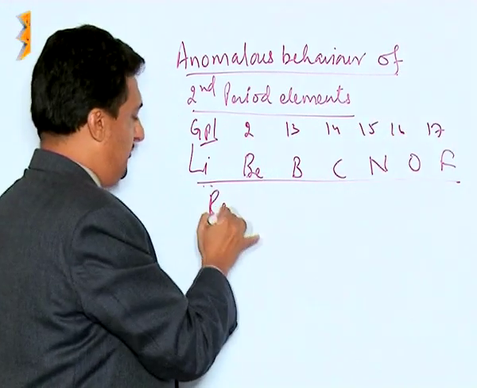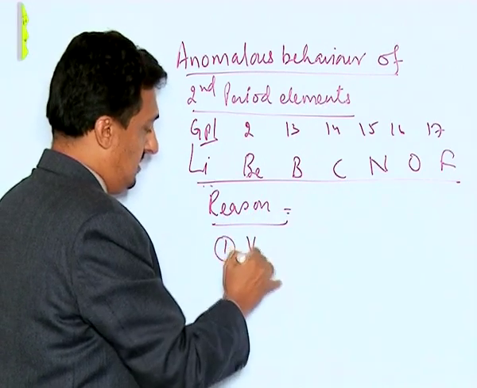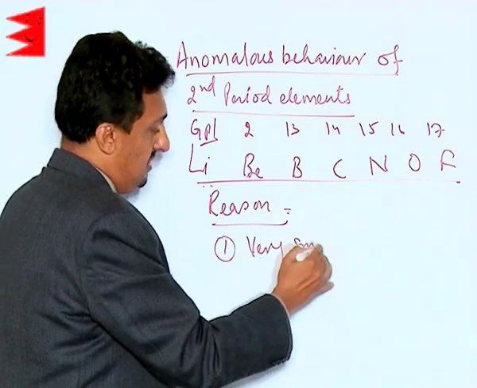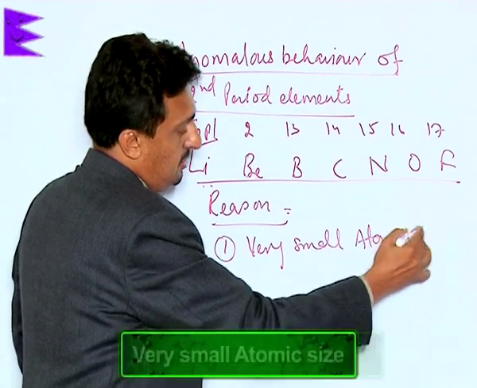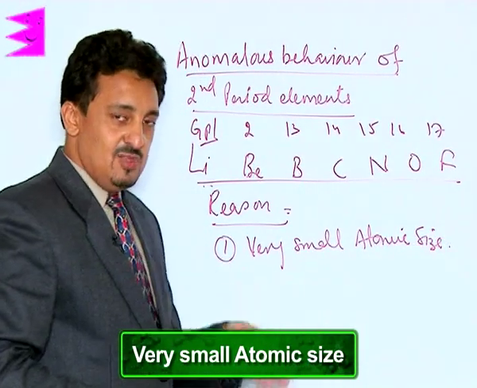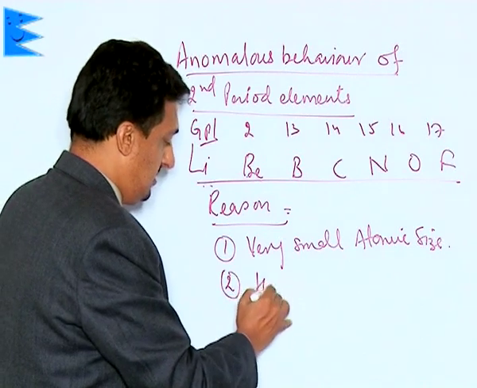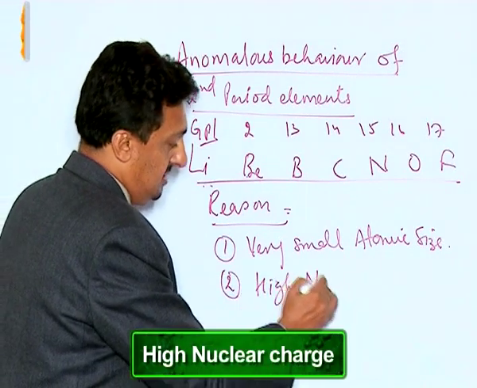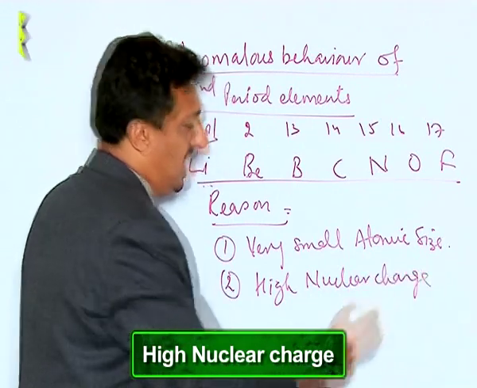The reason for the anomalous behavior is, first, very small atomic size, especially with reference to the other group members. Second is high nuclear charge.